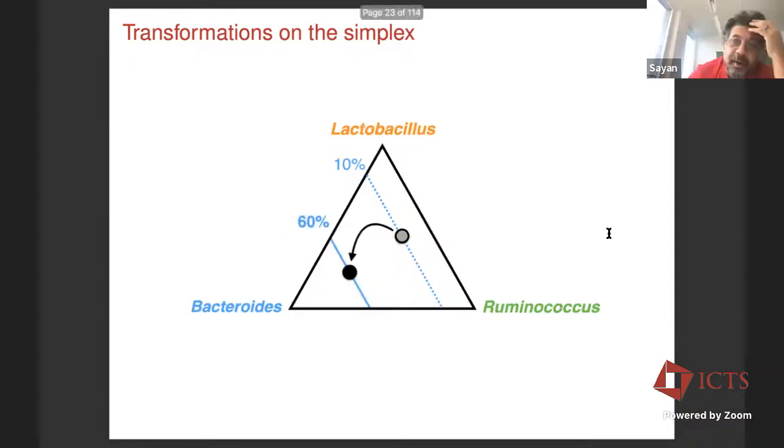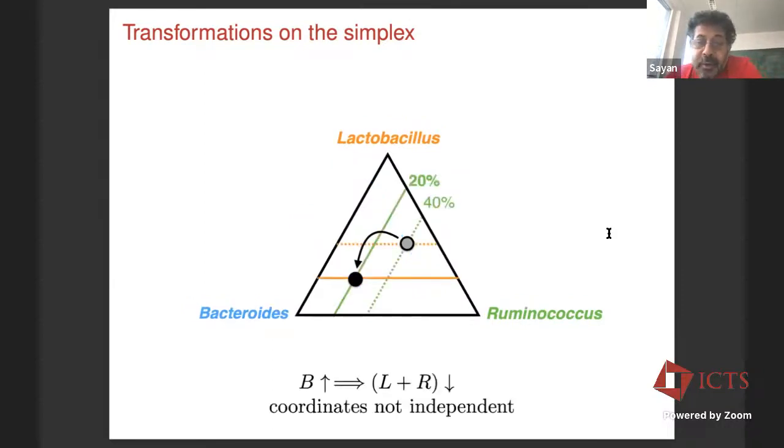And the problem this causes is that if one goes down, or if you introduce a treatment that makes one go down, the other ones are going to go up. So the coordinates are no longer independent. And that makes things a ton more complicated.